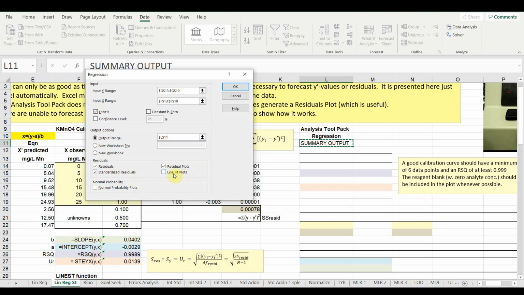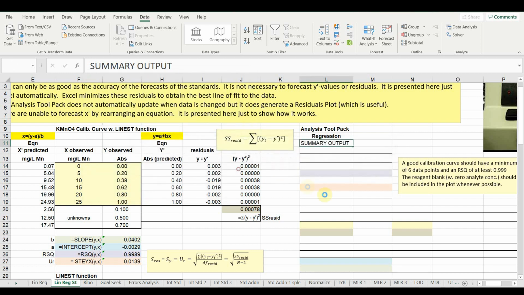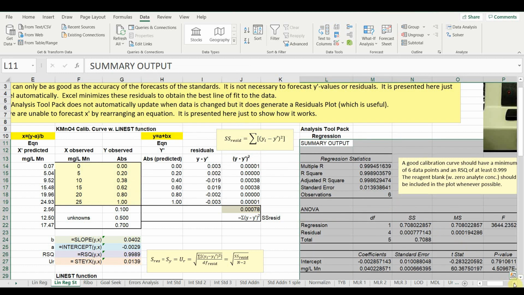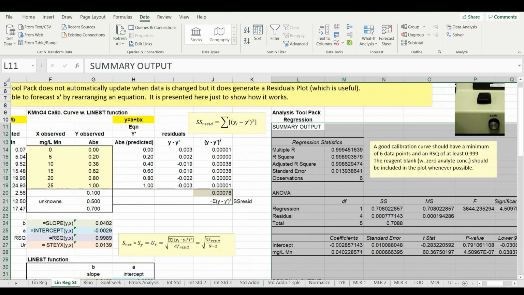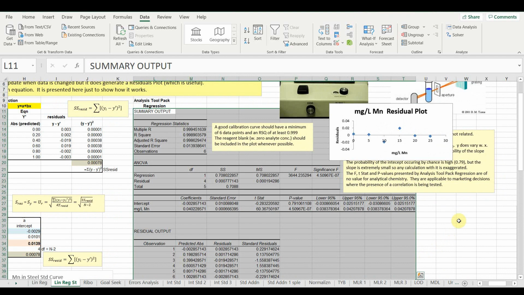The line fit plot, you could check it off if you want, but it just produces a graph. But we've already created a line fit plot and added a trend line to it, so we don't need this. Do not check normal probability plots and say OK. Overwrite, that's all right. Go ahead and overwrite. All right, so here's the regression statistics output. Now let me tidy this up and then we'll talk about it.